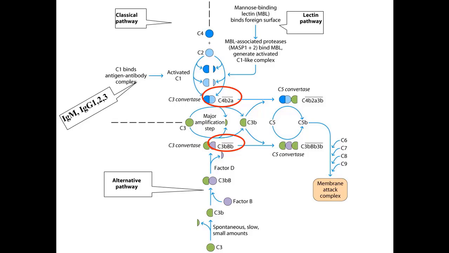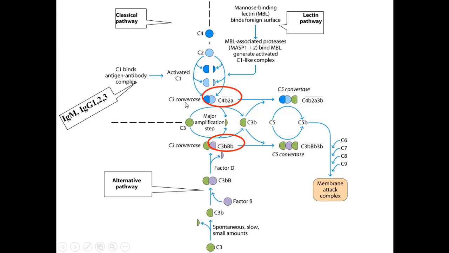The early phases of the three pathways are different, and they produce different enzymes or complexes which have enzymatic property.